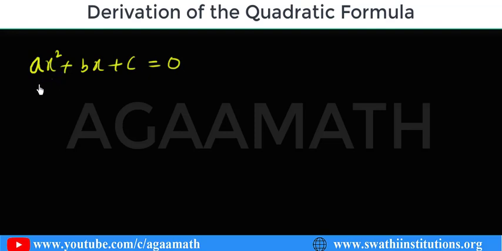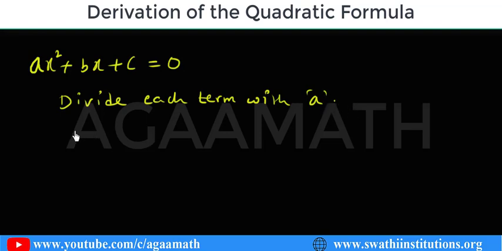That means dividing each term with a. So ax square by a plus bx by a plus c by a equals 0 by a.